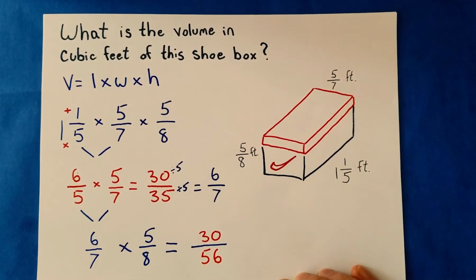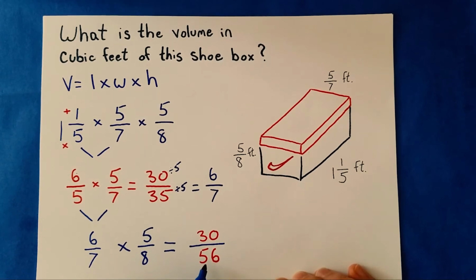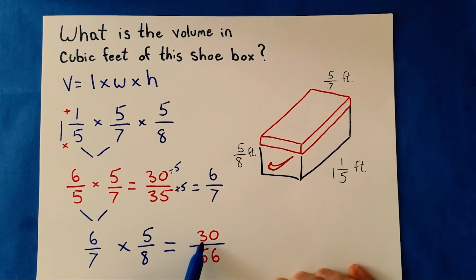Now, can I simplify my answer? Well, the answer is yes. By what? What is the greatest common factor? Sometimes with these larger numbers, we're not really sure what the GCF is, and for the sake of finding an answer, sometimes we have to do a little bit of guess and check. So I know that both of these numbers are even.